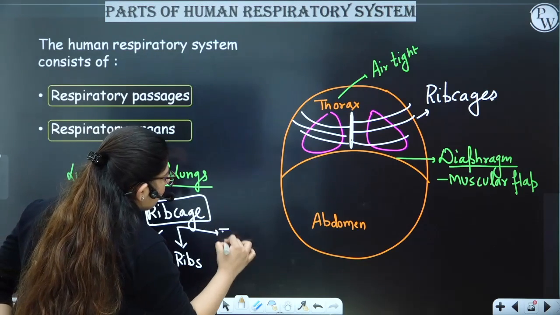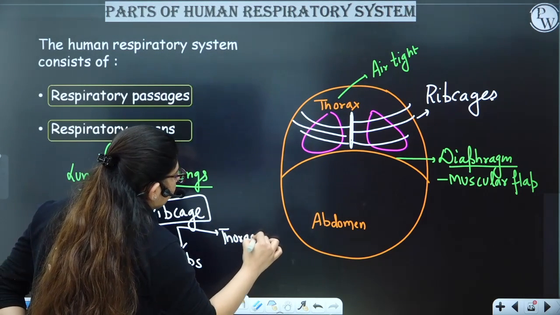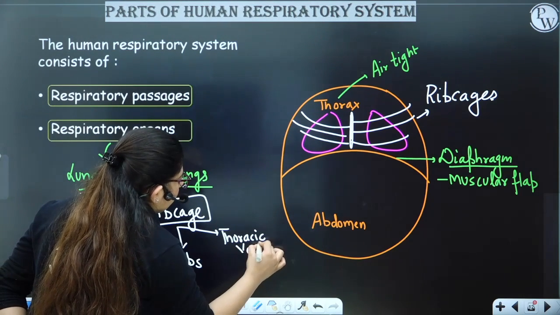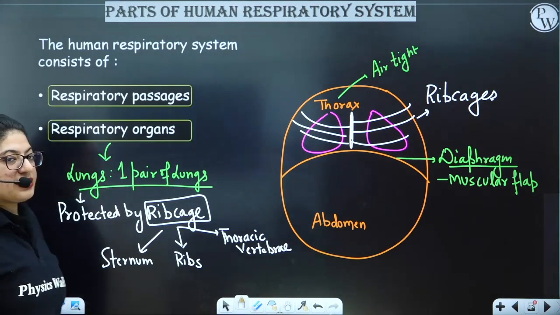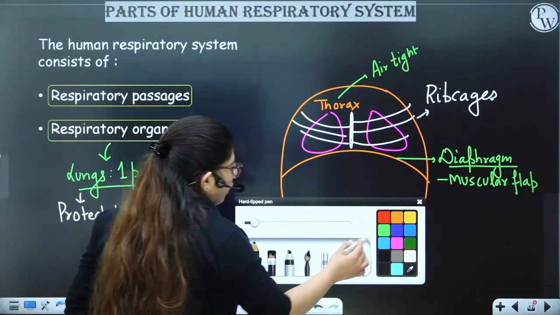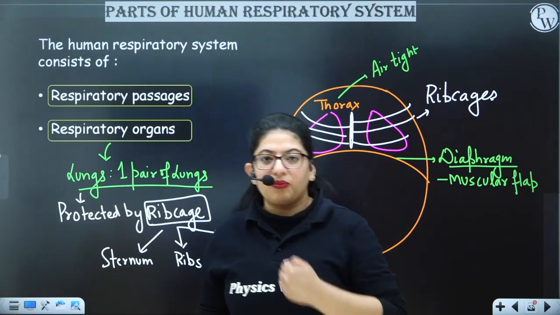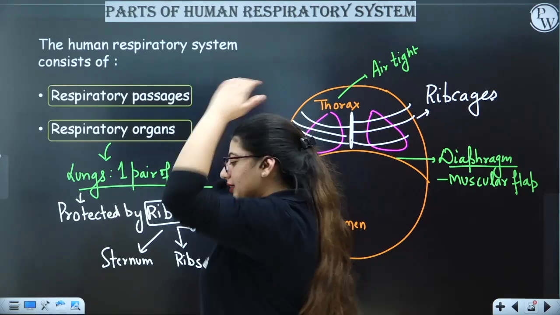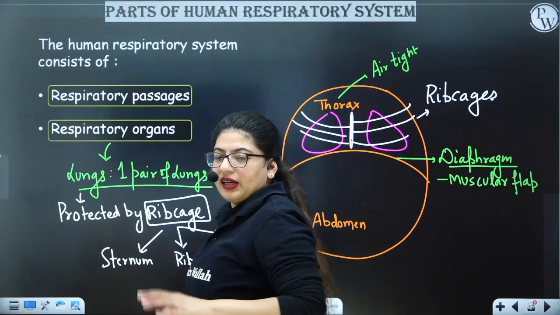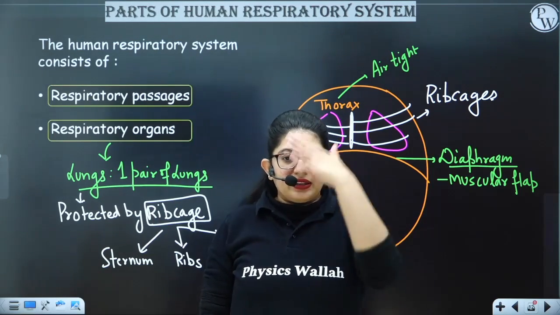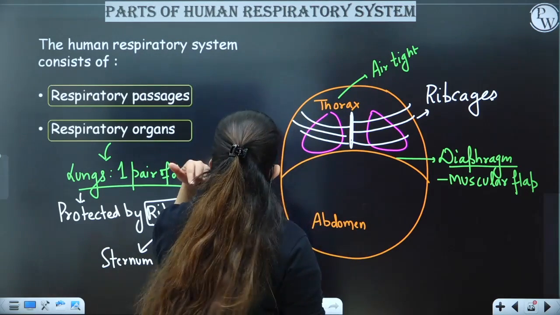And third, your thoracic vertebrae. So these three bones form the rib cage. Let's see how. If I talk about this side of the body, this is ventral and this side is dorsal. Sides are lateral.